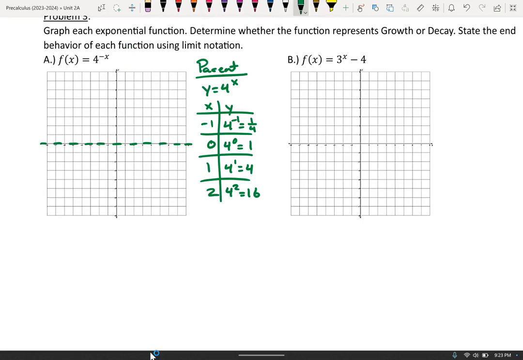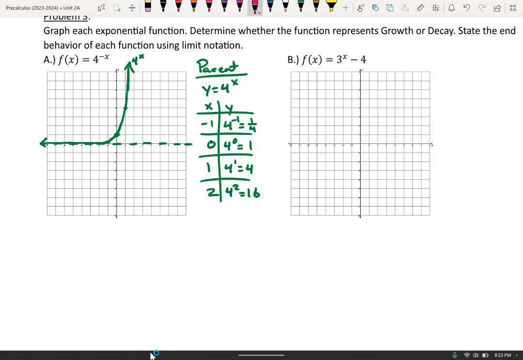So -1 and 1/4, 0 and 1, 1 and 4, and then 2 and 16. It's off my graph. So this is my parent function here, coming in really close to my horizontal asymptote, and then shooting off again very, very quickly in that direction. And that is 4 to the x.